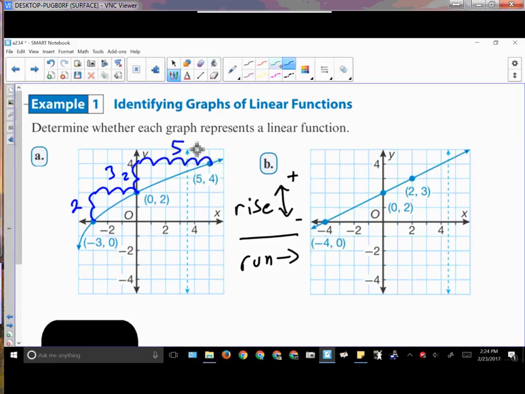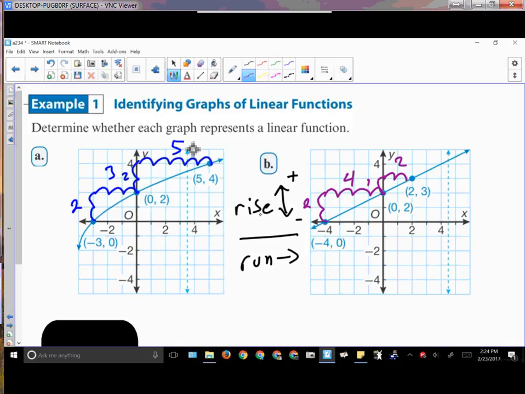So if I'm looking at this other one here, is it a line? Well, it goes up 1, 2, and it goes over 1, 2, 3, 4. If I look at the next point, it goes up 1 and goes over 2. Well, that can't be the same slope, can it? But it is, and here's the reason why.